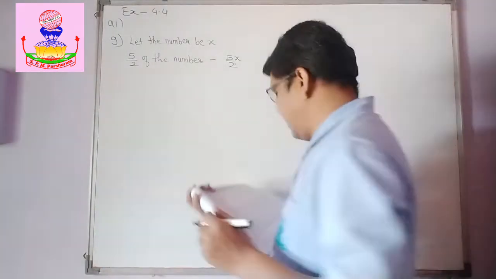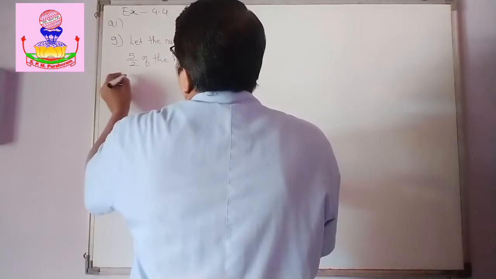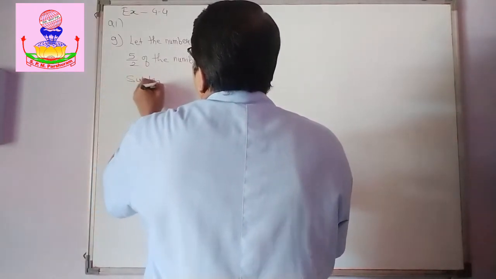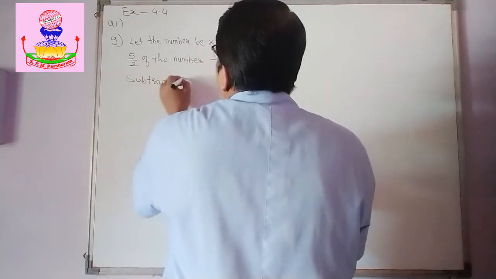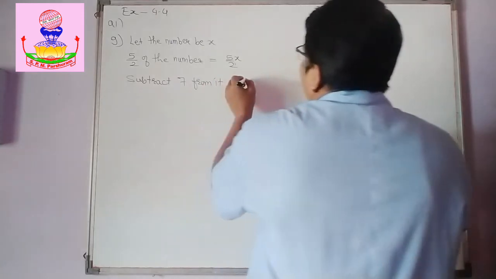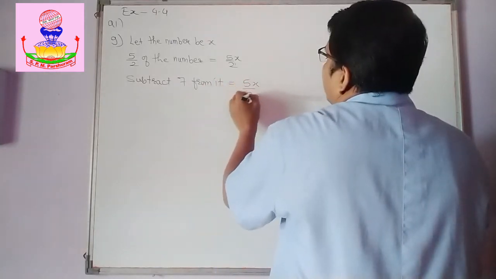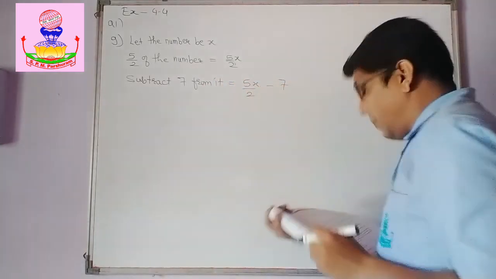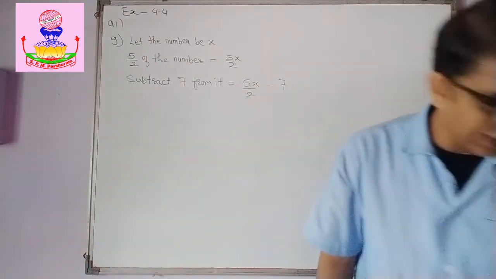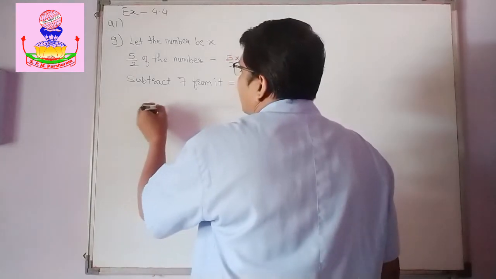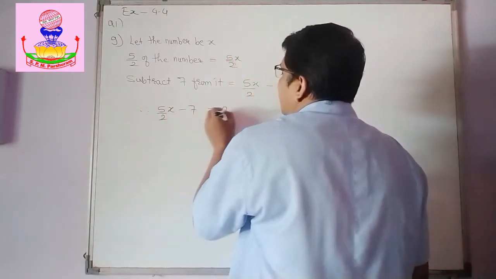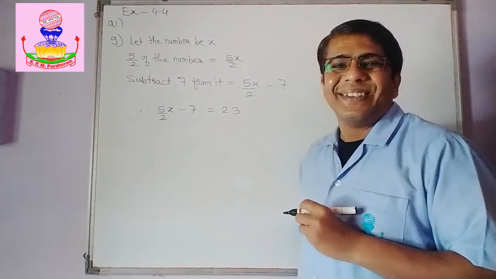Then he takes away 7. Takes away means subtract 7 from it. So that is 5x upon 2 minus 7. And when you do that, you get the result as 23. So we got the equation 5 upon 2x minus 7 is equal to 23.